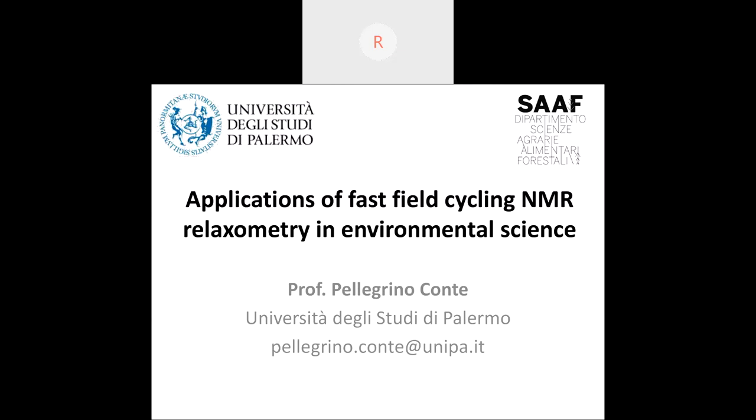So what I'm going to do now is to show which are the main lines, the main approaches that are used to understand what we can do by using the fast field cycling NMR on soil science and other types of environmentally relevant materials.